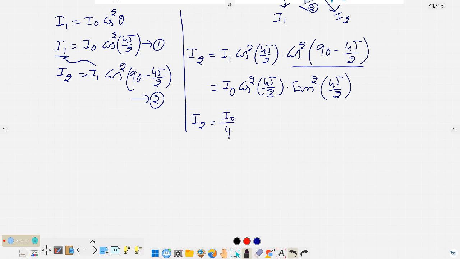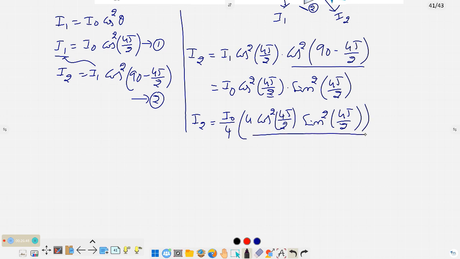If you multiply and divide, this is 4, and that multiplied value I am writing as 4 cos square 45 by 2 into sine square 45 by 2. Right? Now solve this one.